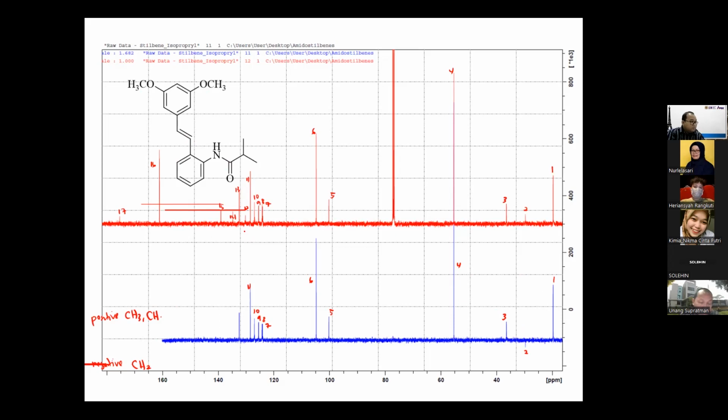For example, number 12, number 14, 15, 16, 17 are quaternary carbons, the carbons that do not have any protons. So this one is number 13.